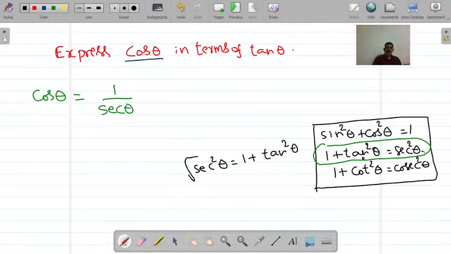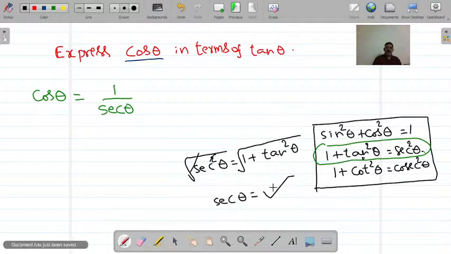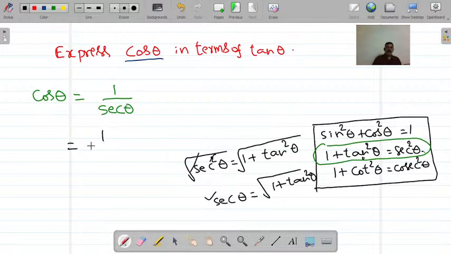So to obtain that, take the square root on both sides. Now this square and square root cancel. So I get secant theta is equal to root of 1 plus tan square theta. Now simply substitute this result here. So I get 1 by root of 1 plus tan square theta.